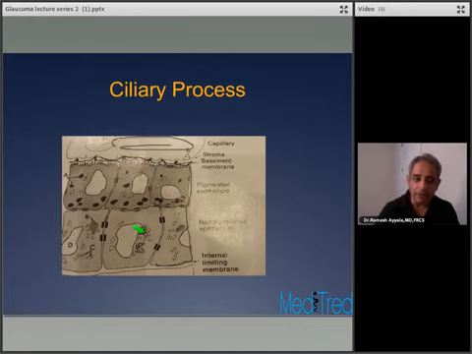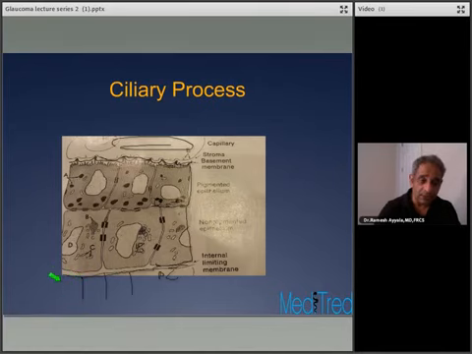And then you have the internal limiting membrane. This internal limiting membrane, and here is the posterior chamber. Okay, the posterior chamber is somewhere here. So this internal limiting membrane here is the continuation of the internal limiting membrane of the retina, except it's a little modified. It's thicker for one thing, and one of the functions of this internal limiting membrane is to be attached to the zonules. Remember, the zonules from the lens are attached to the ciliary process.